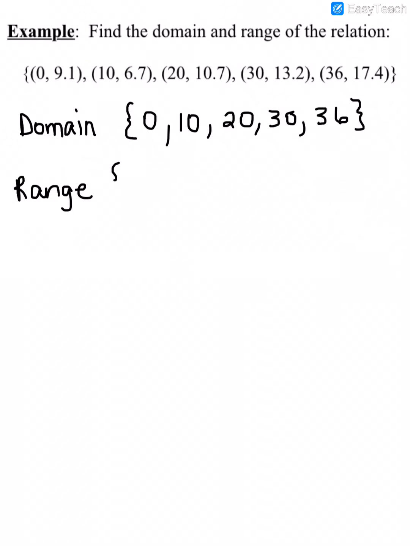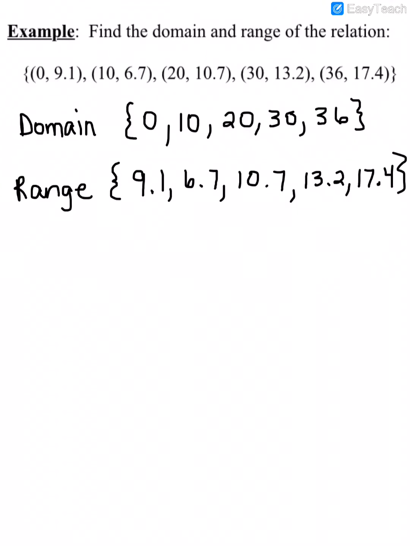And again, we would enclose it in our squiggly brackets. And so the numbers in the range would be 9 1/10, 6 7/10, 10 7/10, 13 2/10, and 17 4/10. And that would be our range.